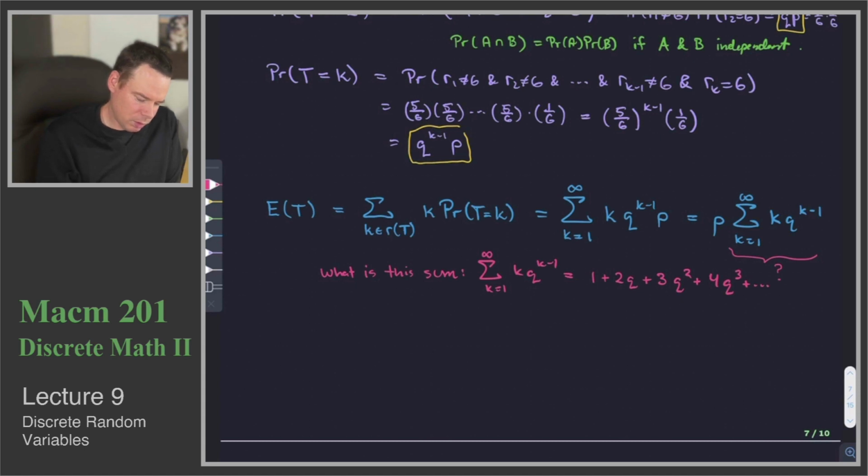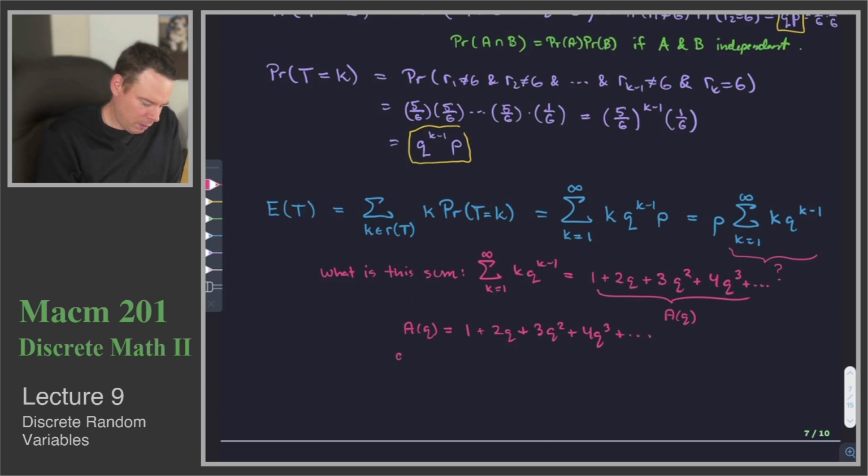Let's call this thing a of q. And so what I notice is that a of q is 1 plus 2q plus 3q squared plus 4q cubed plus dot dot dot.